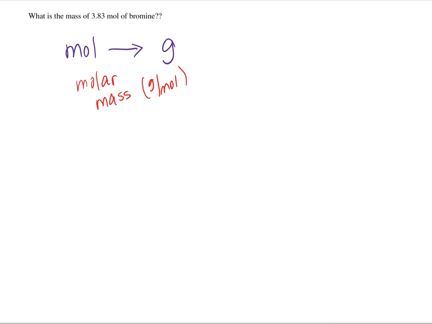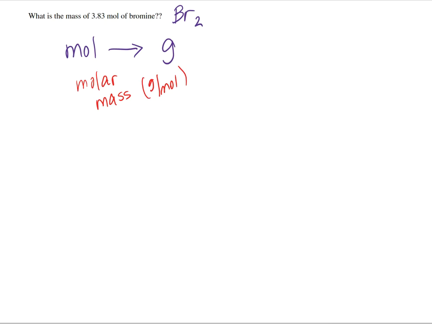In order to calculate the molar mass, we have to think about the actual formula. So again, it's not just Br, but instead it's Br2. We have to use our periodic table, which is going to allow us to determine the average atomic mass for each individual bromine, but we have to account for both of those bromine atoms.